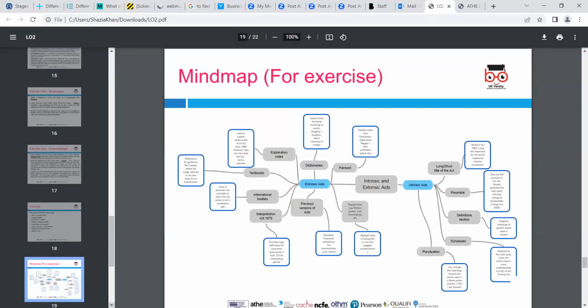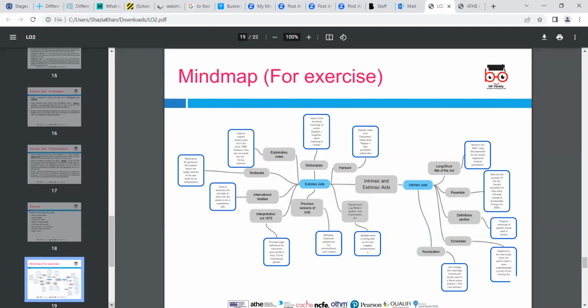So, a mind map for the exercise. When you look at the intrinsic and extrinsic aids, this mind map will help you identify things such as, when you look at extrinsic aids, you've got the use of dictionaries, used to find the literal meaning of words, as in the Vaughan case.